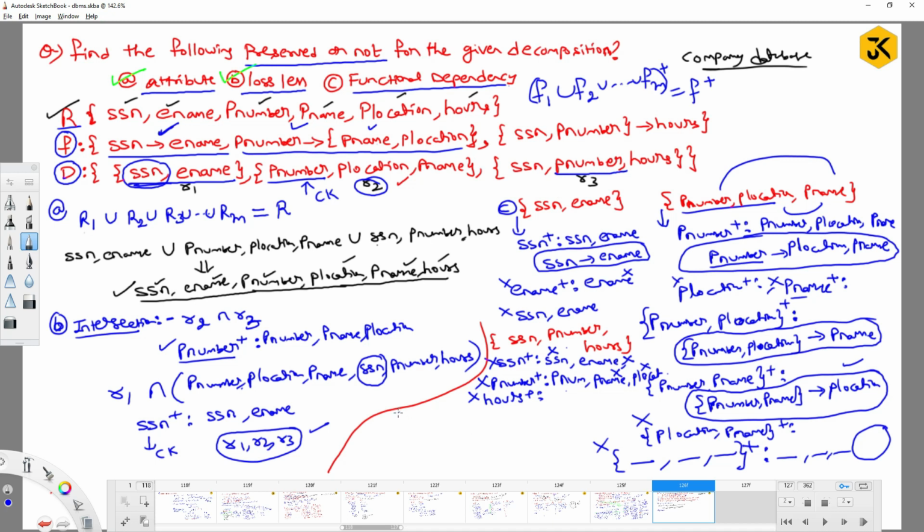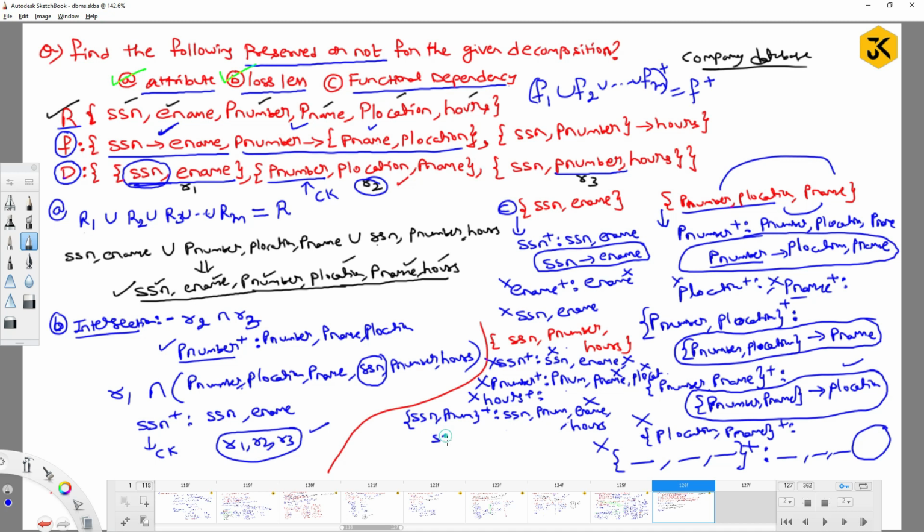Next, try to do it with the combinations. If you take the closure of SSN comma p number, you are going to get SSN, p number anyway. From SSN you get ename. From p number you get p name and p location. They are not in our relation, and ename is also not in our relation. But if you observe, SSN p number can determine hours.